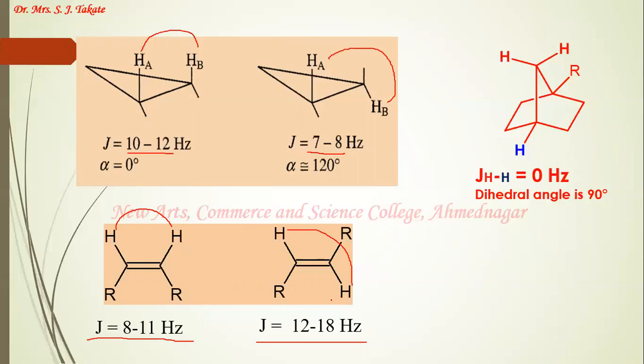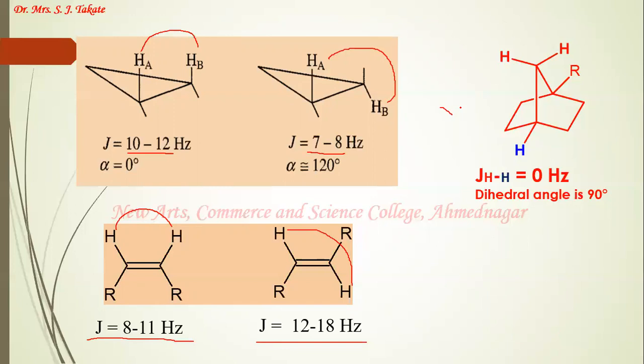Therefore, the coupling constant value is larger for trans protons than the cis protons. So this means that the coupling constant value will help me to find out the geometry of the carbon-carbon double bond of an olefin also. Cis coupling constant value is smaller than the trans coupling constant value.